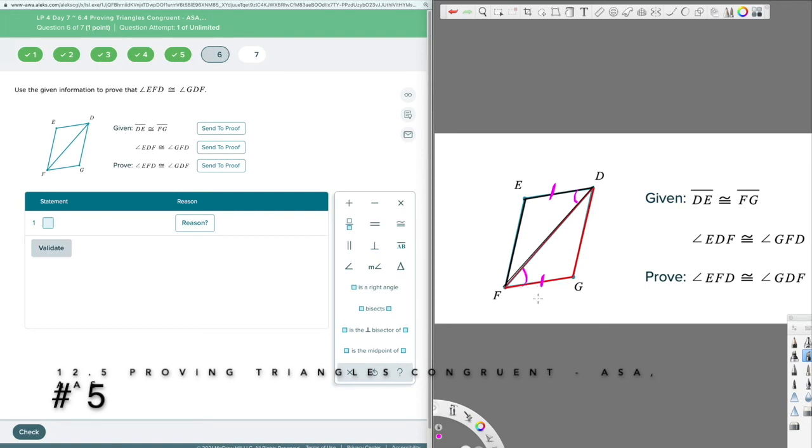If I wanted to prove parallel lines, I actually could on this one, because just like parallel lines mean that alternate interior angles are congruent, if I have alternate interior angles congruent, I can prove parallel lines. So we will actually get to a point where we want to prove lines are parallel using this kind of an idea. We don't really care about it right this minute, so I'm just going off on a little tangent there.